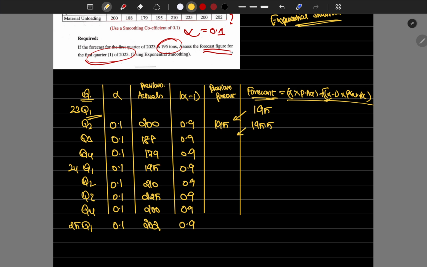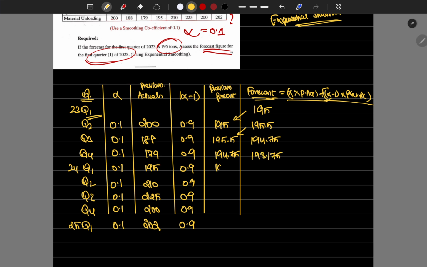This 195.5 is the previous forecast for quarter 3. 195.5 into 0.9 plus 0.1 into 188 gives 194.75. Then 194.75 into 0.9 plus 0.1 into 175 gives 193.175.